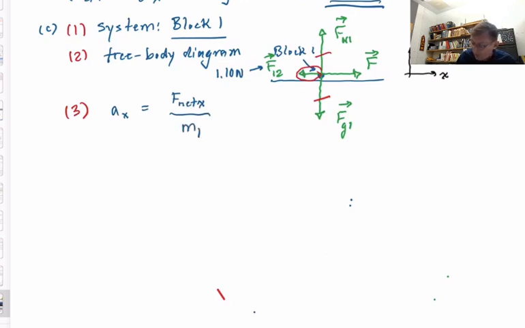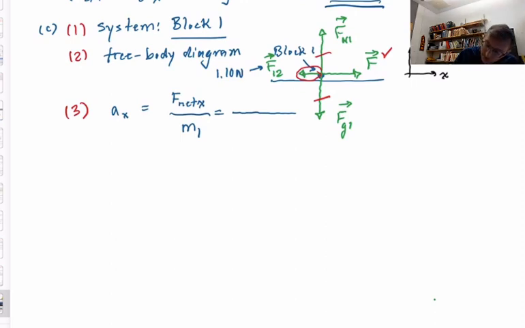The system is block 1. Now you go to the free body diagram to figure out what you put in for the F net x. You have to add up all the x force components with appropriate plus and minus signs. For example, the applied force, just checked it there in red, its entire magnitude is in the plus x direction.